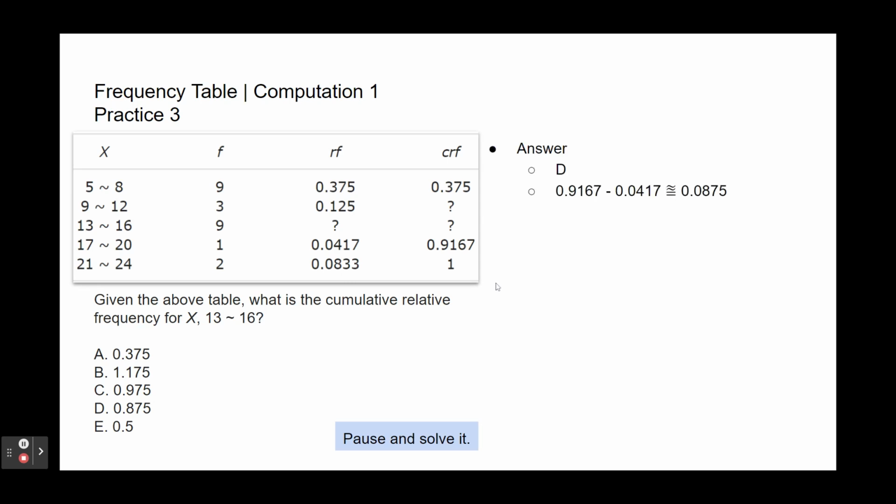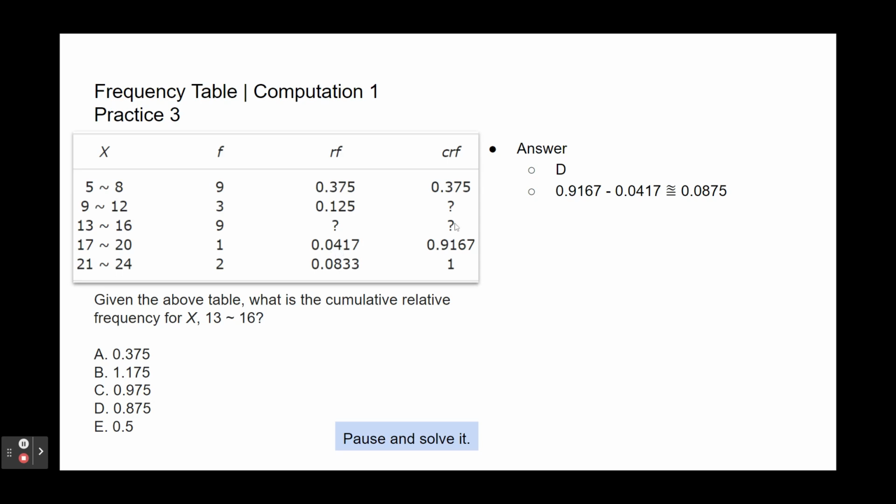The cumulative relative frequency of a category is the previous category's cumulative relative frequency plus that category's relative frequency.